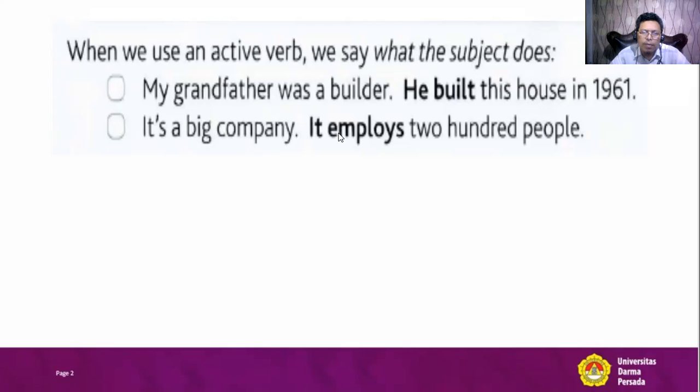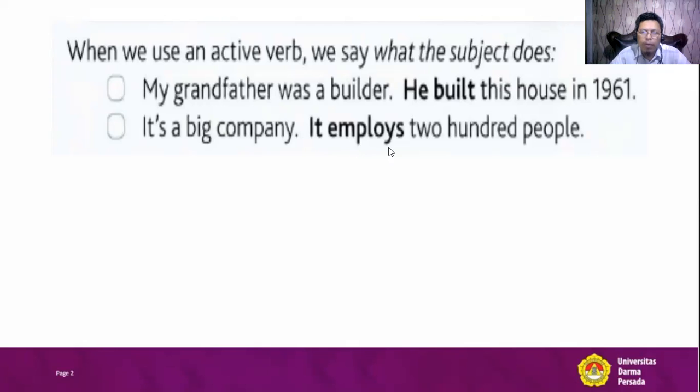Okay, now we go on. Let's see. We are talking about employees. Employs is an active verb. It follows the subject directly, so we can identify what it does. It employs. We are talking about the company. It's a big company.